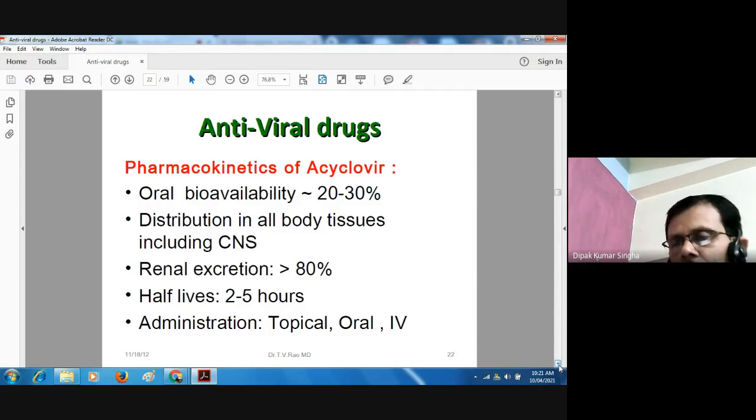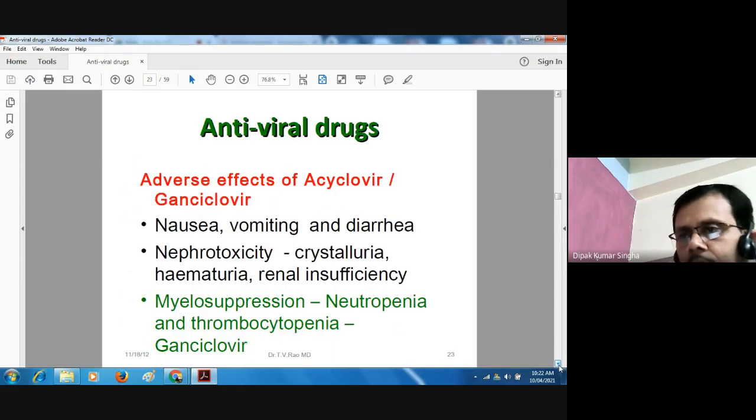Basically, this drug is excreted through the urine, in the renal system, and the half-life is 2 to 5 hours, a medium half-life. It is administered topically, orally, and IV. If you need better bioavailability, you can use IV, then oral, and sometimes it is used topically.